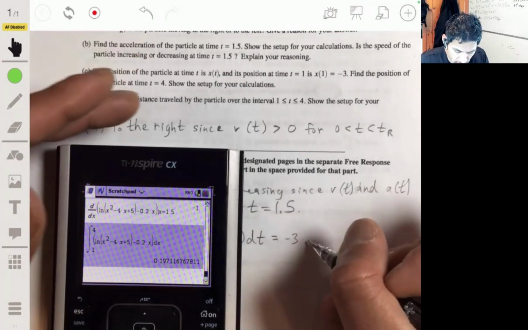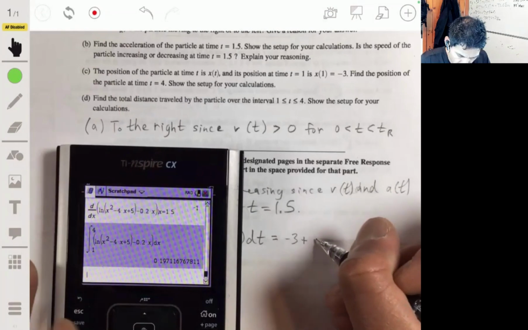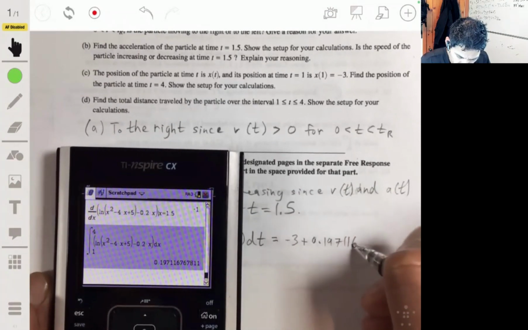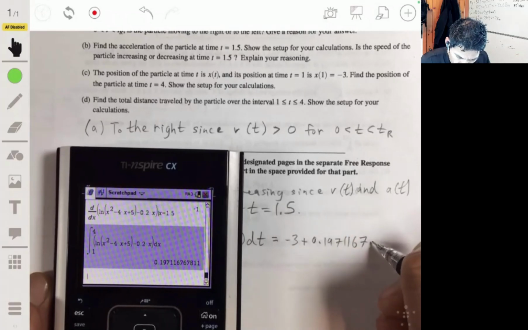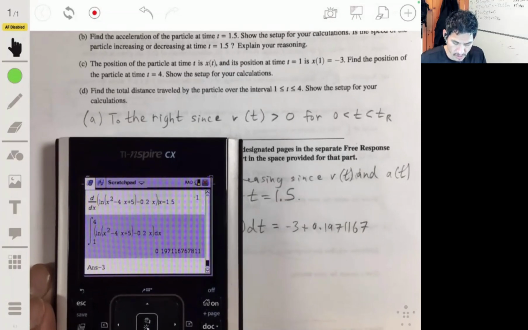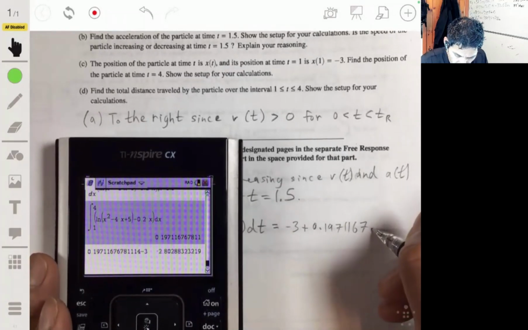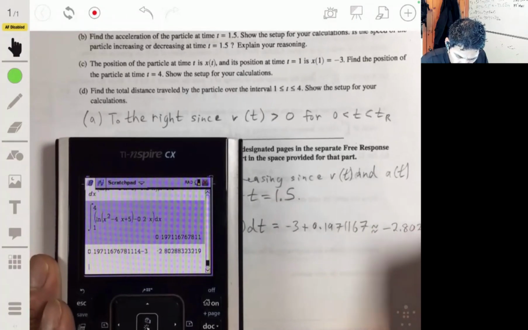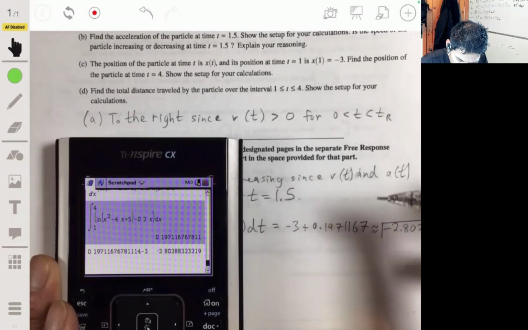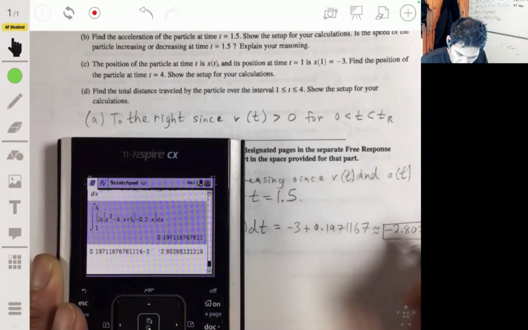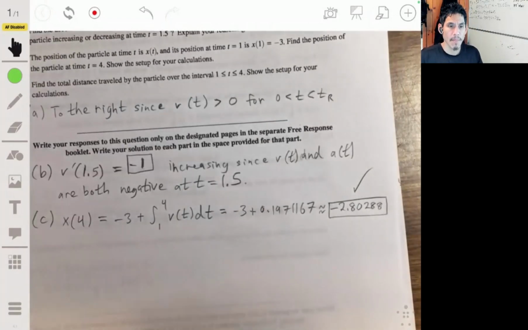About 0.19, which isn't that much, I guess. And then we'll take away 3 from that. We end up with about negative 2.80289-ish. Or let's just leave it at 88, actually. All right.